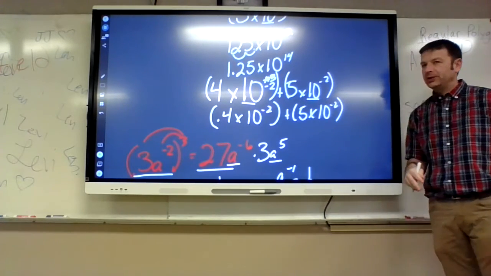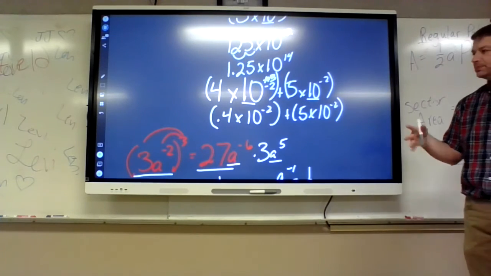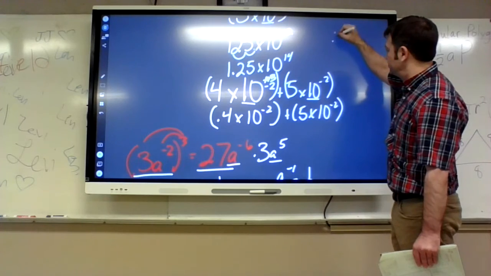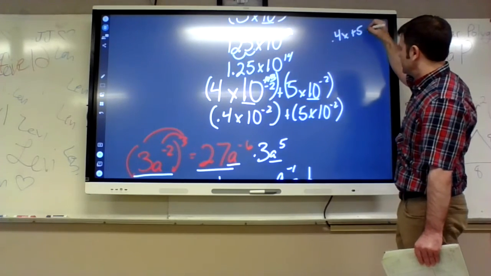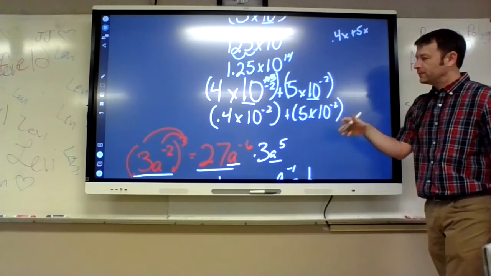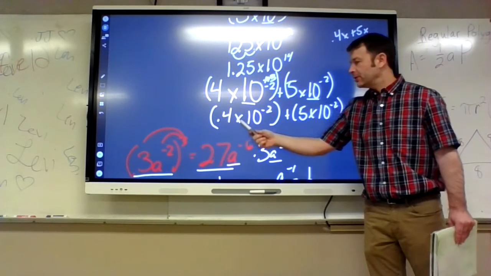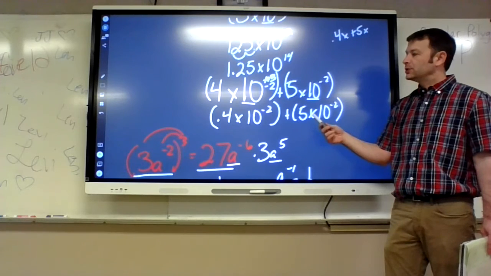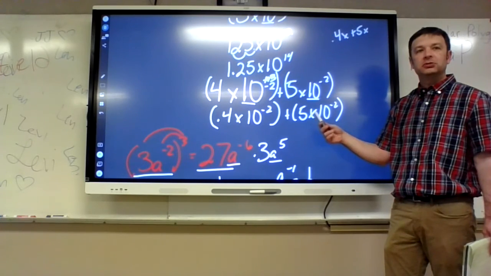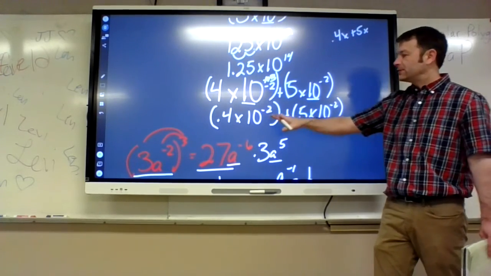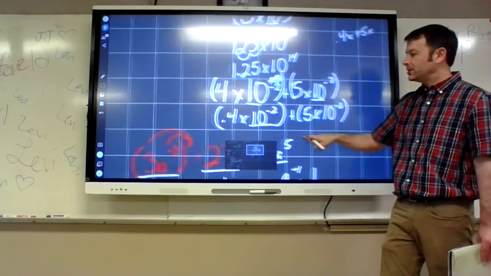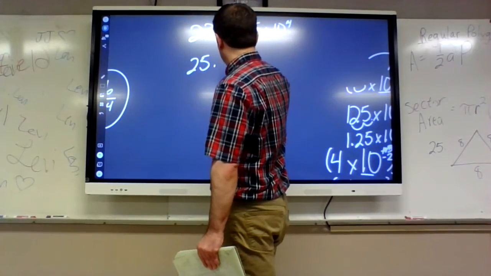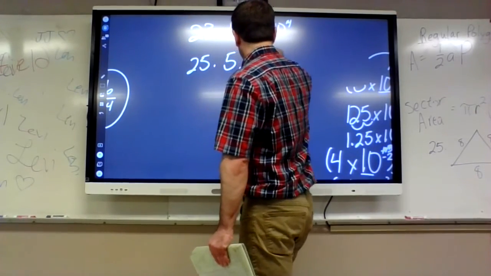Now that they are like terms, like terms, remember, is like 0.4x plus 5x, that would equal 5.4x. So 0.4 of these plus 5 of these. What's 5 plus 0.4? 5.4. So it's 5.4 of these, 10 to the -2. So the answer is 5.4 times 10 to the -2.